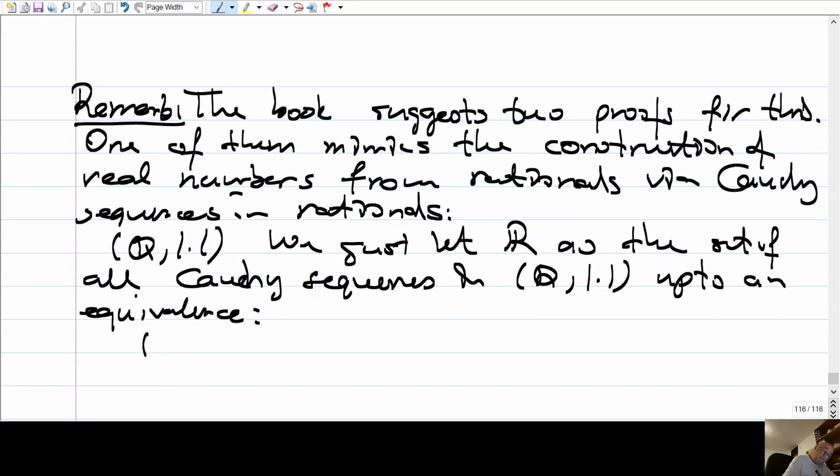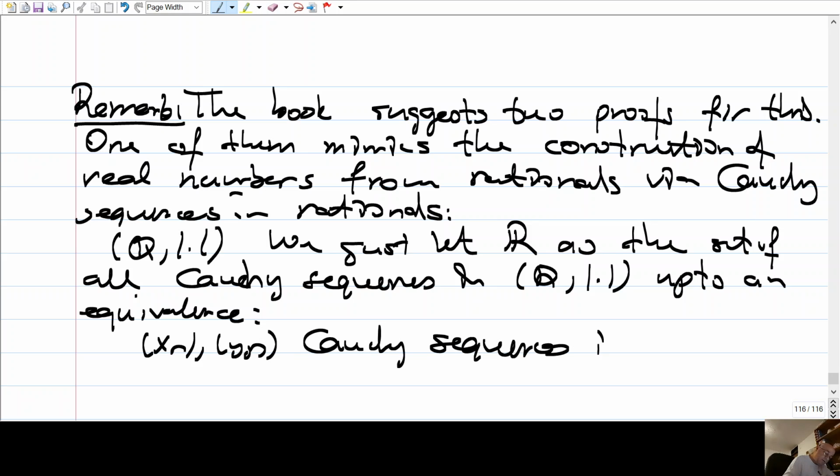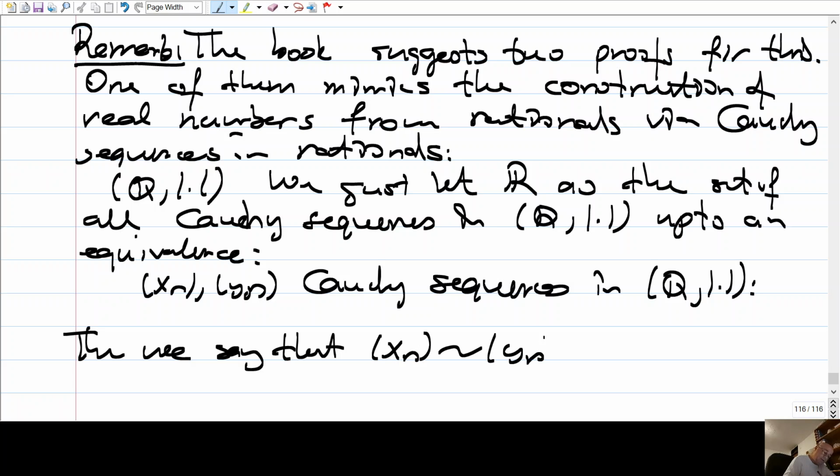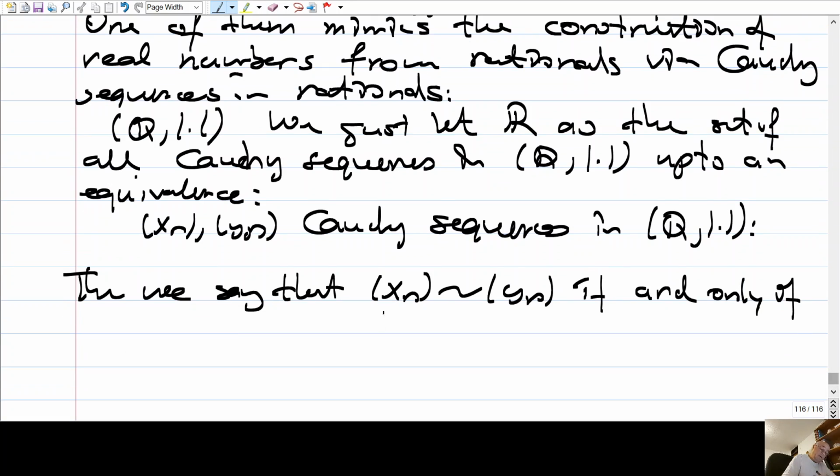Namely this: if I have two sequences, let's say these are Cauchy sequences in Q, then we say that they are equivalent if and only if the distance between them is 0.